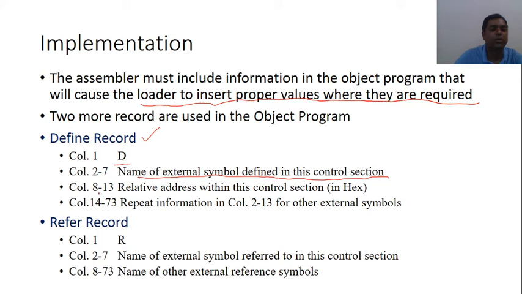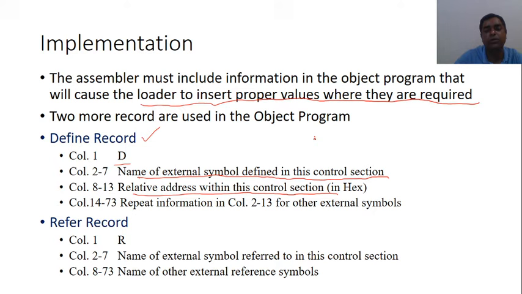Then column 8 to 13, relative address of the symbol within this control section in hex. That means we have to write in hexadecimal. Then column 14 to 73, repeat information in column 2 to 13 for other external symbols.